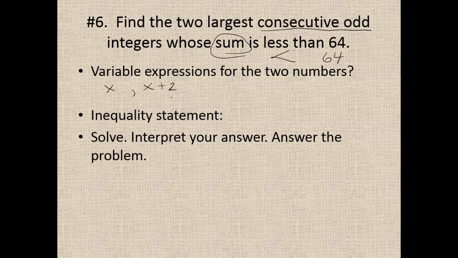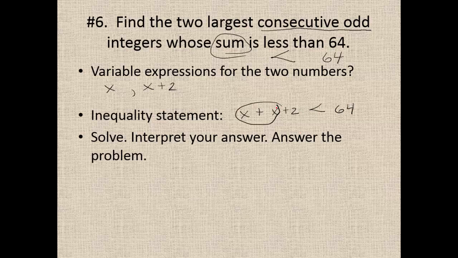If it was even, you would still set it up the same way. And just make sure that at the very end of the problem, you're talking about odd numbers, not even. Okay, this is very similar now because its sum is less than 64. So you write the sum of these two amounts, x plus x plus 2 is less than 64, and then solve it.